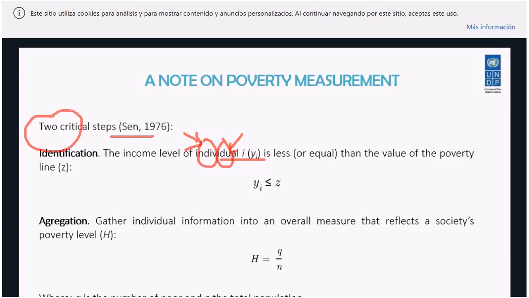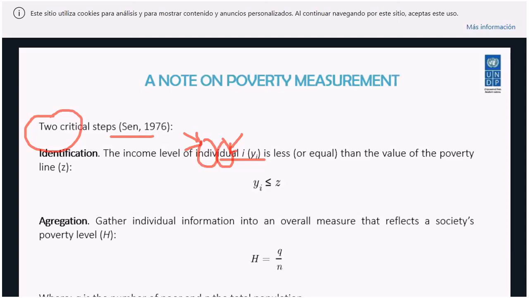In that way you can obtain the traditional, very simple, direct per capita income. So if you compare the per capita income against a per capita poverty line, you can evaluate poverty at the individual level.